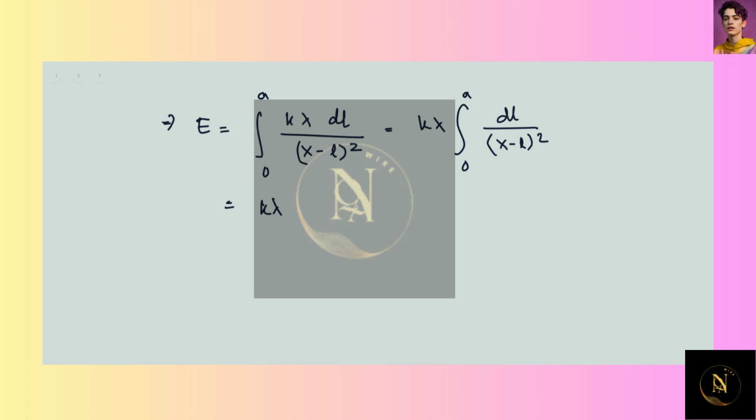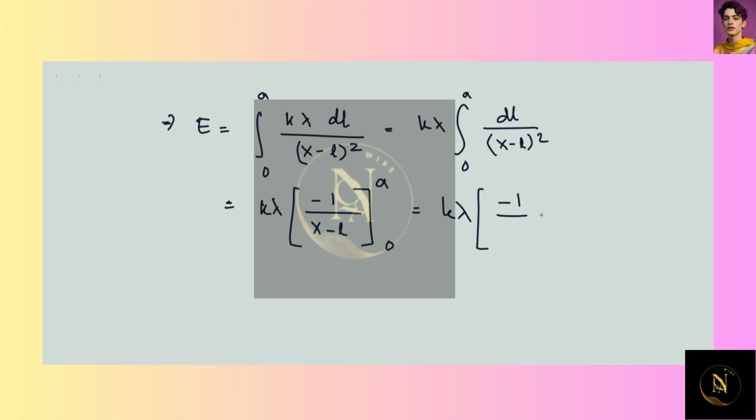So let me correct that part. We have negative 1 over x minus L, from 0 to a, and we have to substitute these limits in place of L, because L varies from 0 to a, and those are the limits we integrated over dl. So our limits should be placed in place of L.